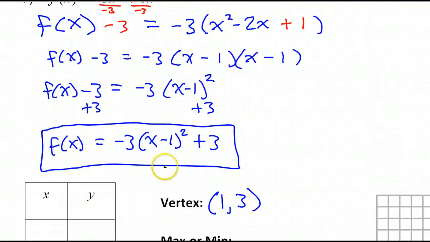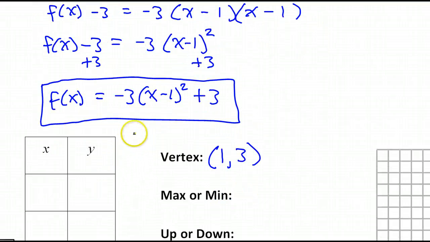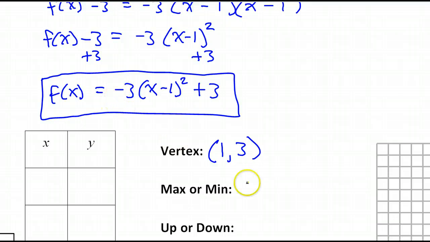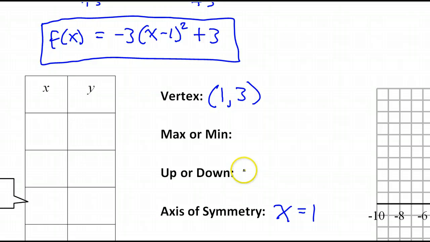Let's see, is this parabola upward facing or downward facing? This is a downward facing parabola, alright, because of that negative sign right there. I know that this is going to be facing down. It's going to be this type of deal. And because it's facing down, I know that the vertex will be at the top.